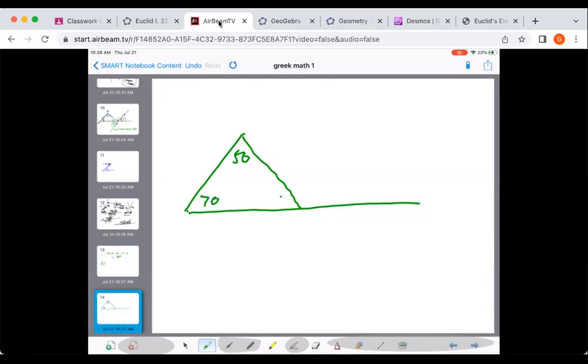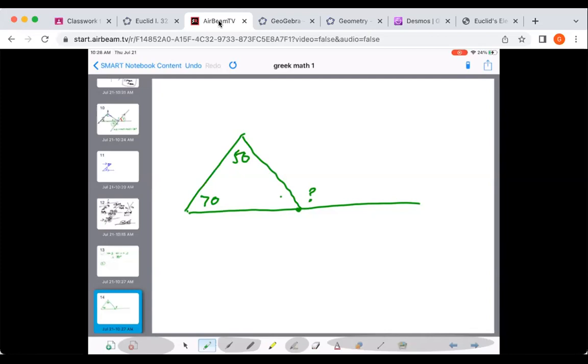And the question is, how big is this obtuse angle? I'm going to type it into the chat. How big is that obtuse angle? No, it's 120. It is 120. Yes, 120, yes.